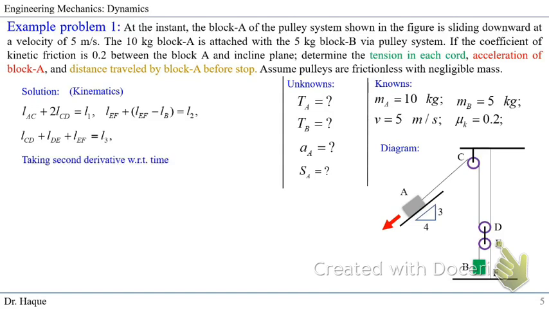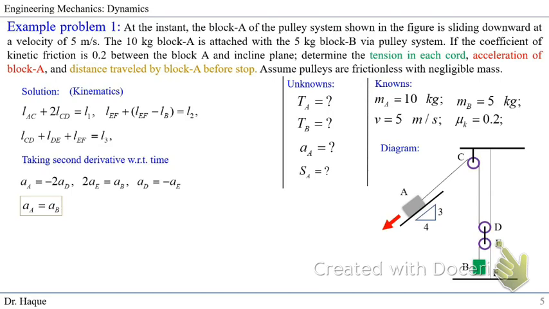I'm gonna explain them in a bit. We have to take those lengths of the rope and take the second derivative to get acceleration, and we'll get some relationship. So let's see how we get there.